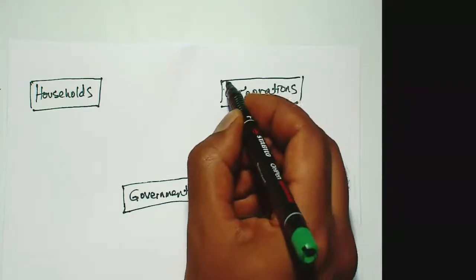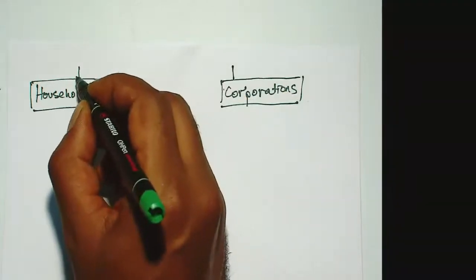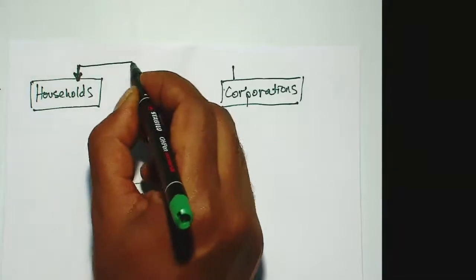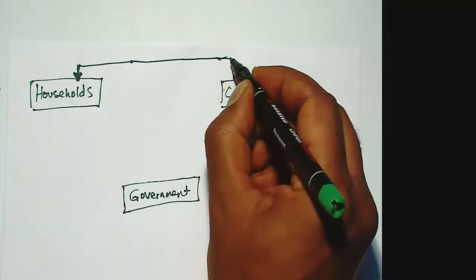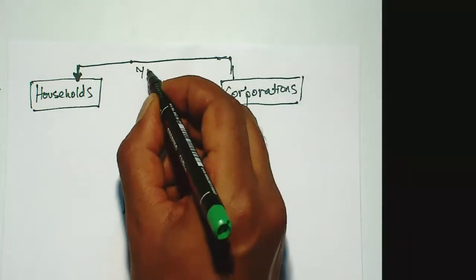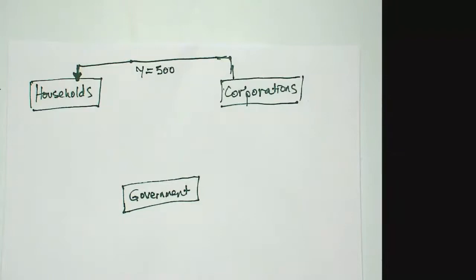We have said total income is 500 euros. So the total income is the amount going from the corporations to the households. We can indicate it with an arrow by saying Y is equal to 500 euros, moving from the corporations to the households.